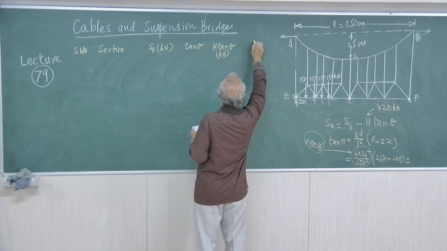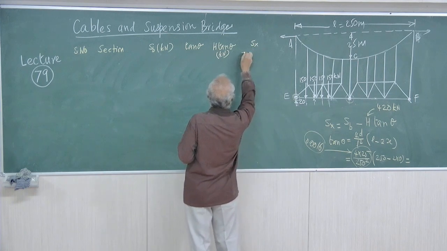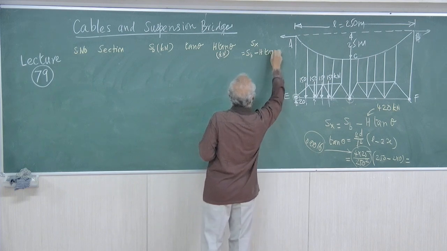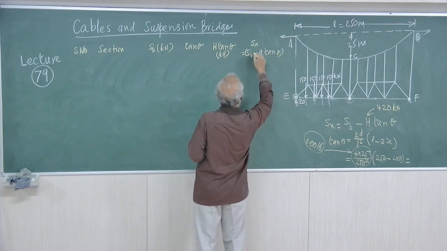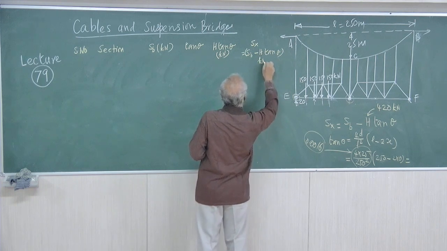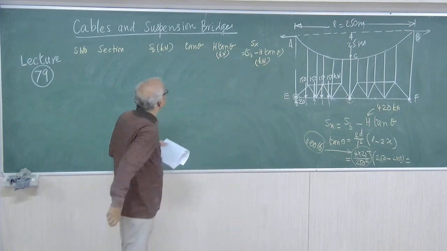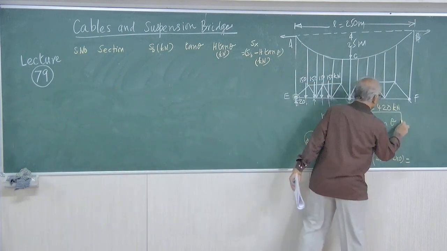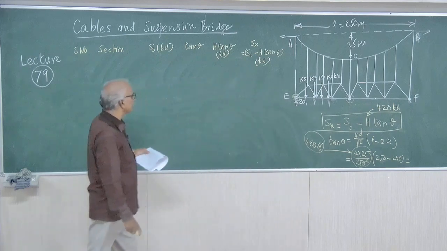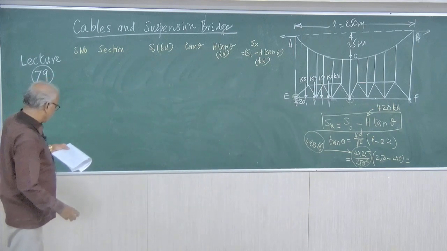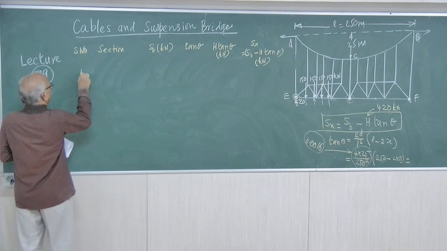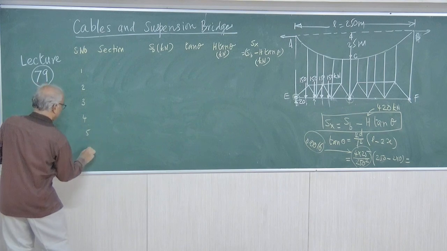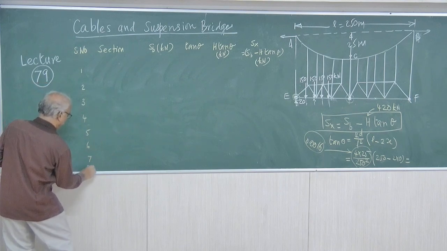Then the shear force at the section X is equal to beam shear minus H tan theta. This value will be in terms of kilonewton. That is the final value: beam shear minus H tan theta is the final value at any section. Now here also we will number 1, 2, 3, 4, 5, 6, 7, 8.